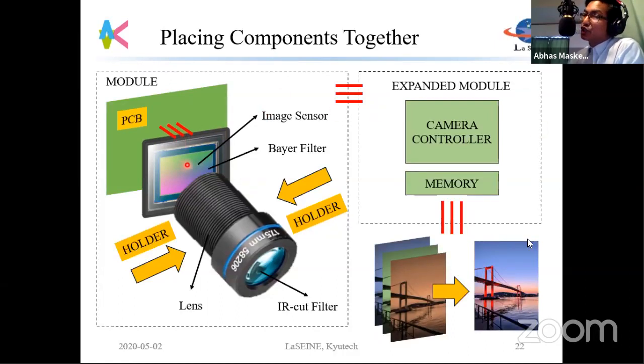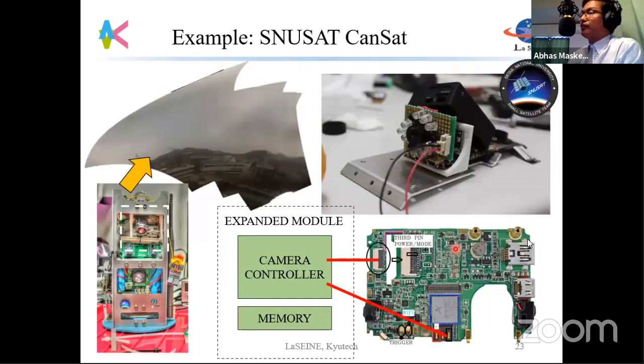This image sensor could have a system on chip itself and could be intelligent itself, but there needs to be some other controller that allows it to understand what kind of image to take. So this image module is connected to an expanded module, which has an image controller and some memory, because it needs some running memory, and then it outputs the image.